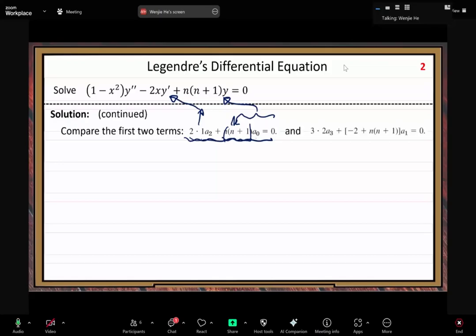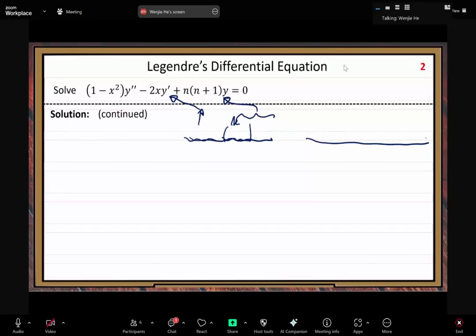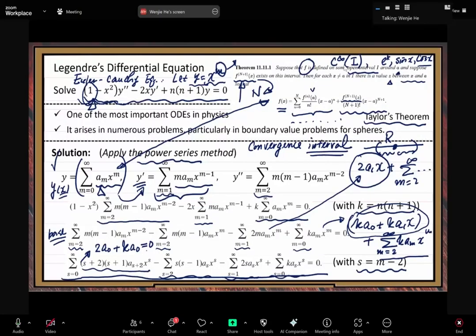The second one, we also need to find the second one. Let's go back to see the second one. I hope you do not get lost. The second one is for s equals 1 this time. Contribution from the first summation, you plug in s equal to 1. 3 times 2 is 6. So 6 times A3 from the first.